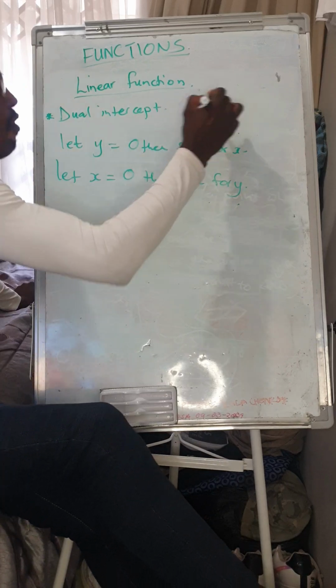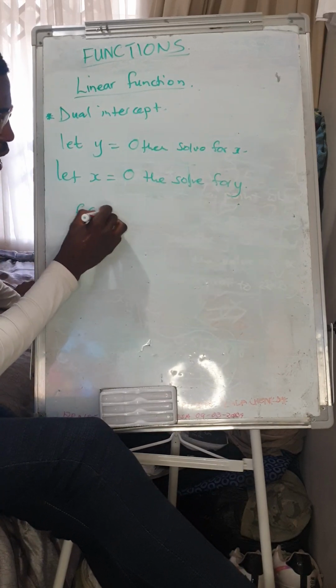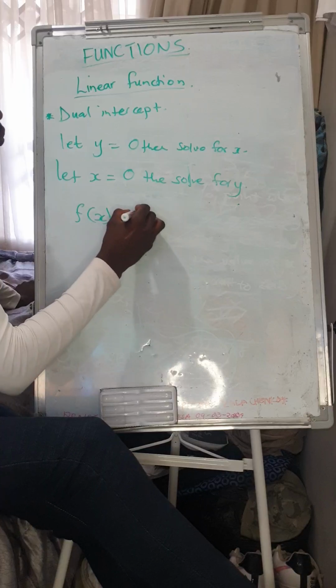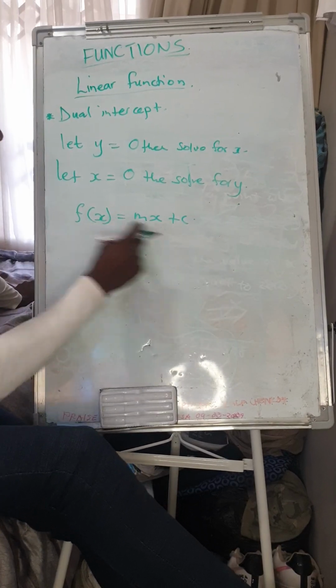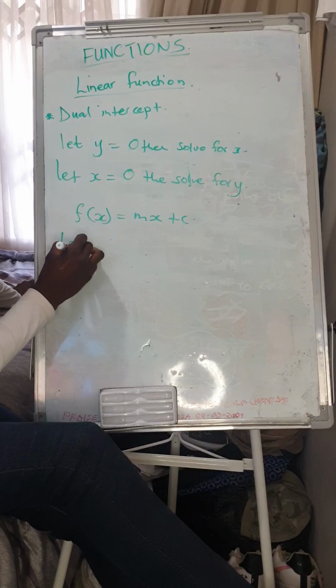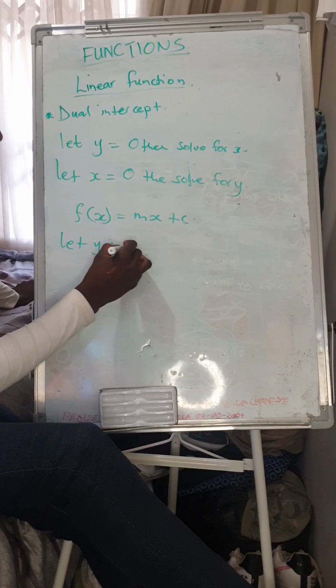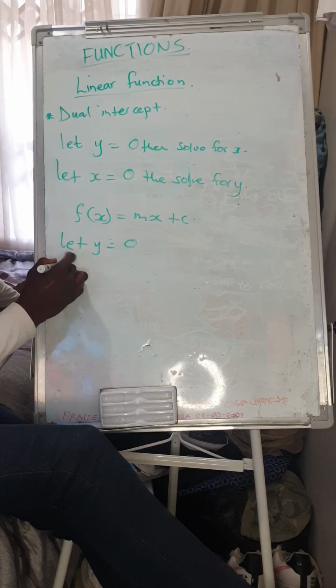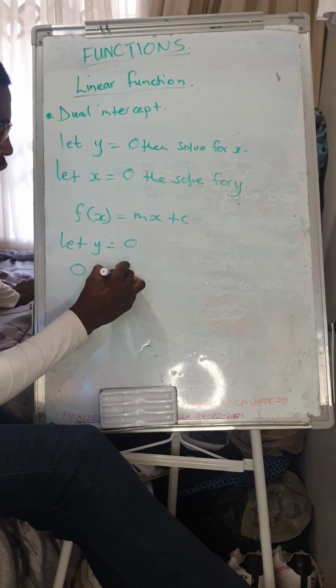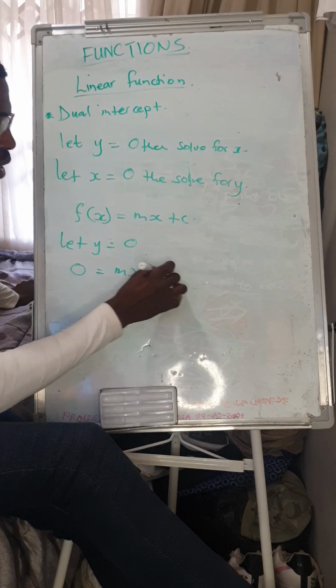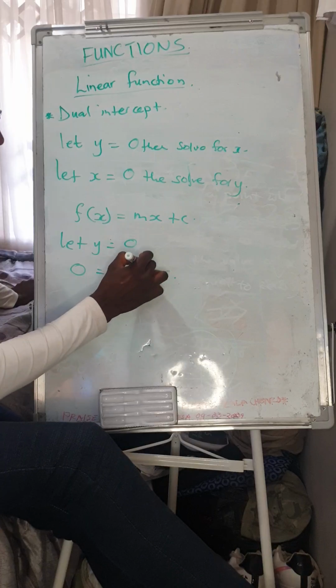Given f of x, let me write it here, f of x equals mx plus c. If I am to let y equal 0, then I will have 0, or f of 0 equals mx plus c. Then I solve for x, right?